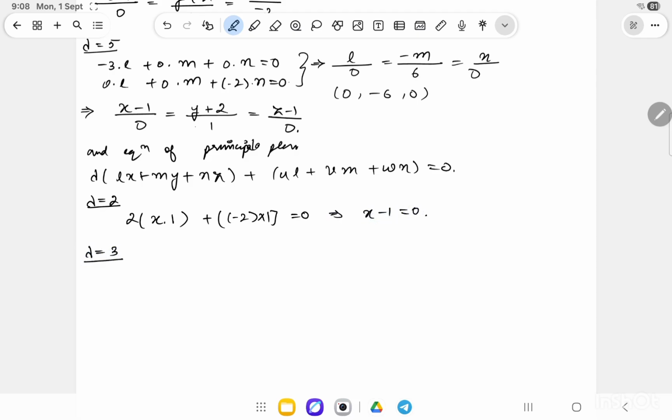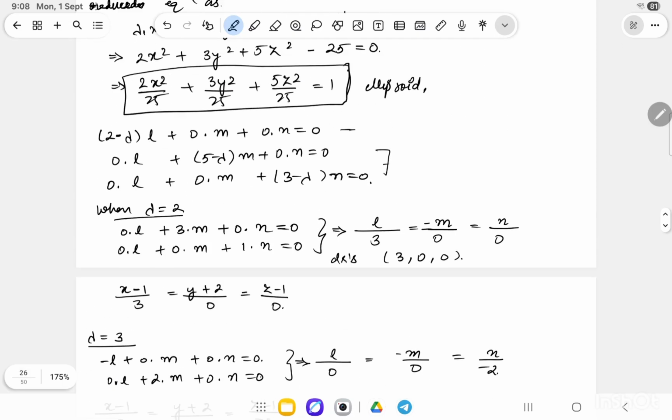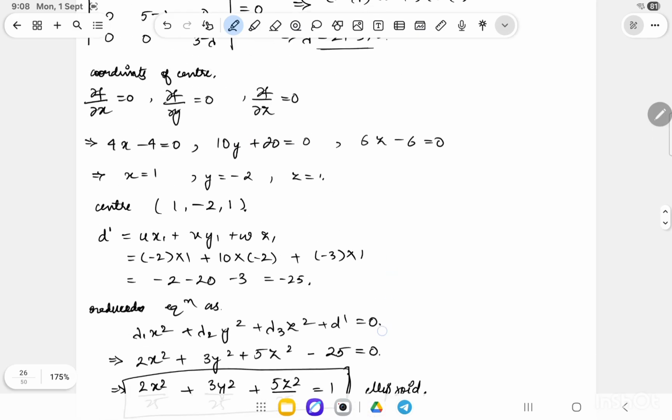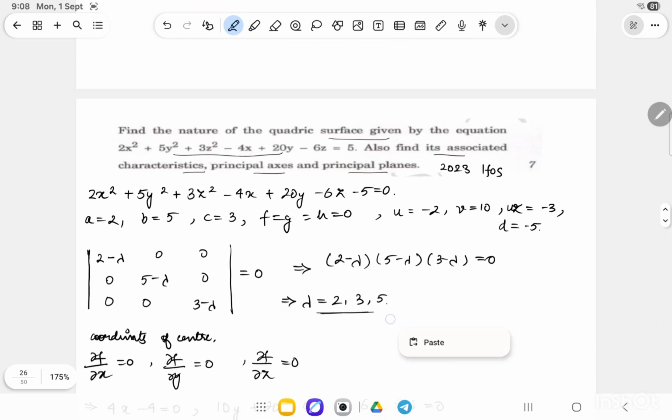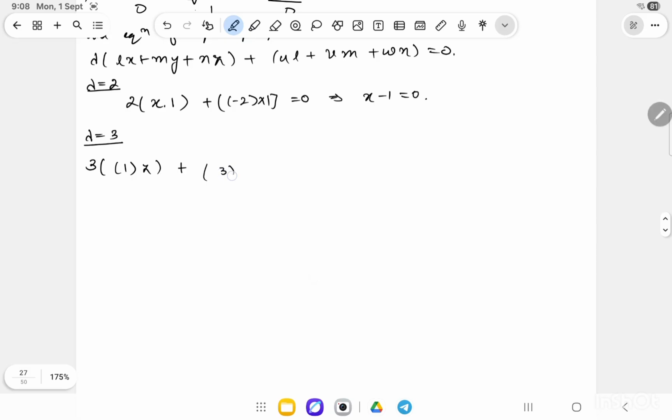And when my lambda is 3, my L and M are 0, so it is 1 into z plus my w is basically minus 3 into 1 is equals to 0.